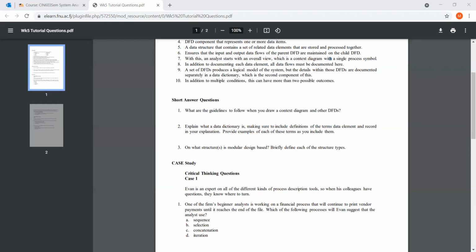Data elements are combined into records; semicolon.